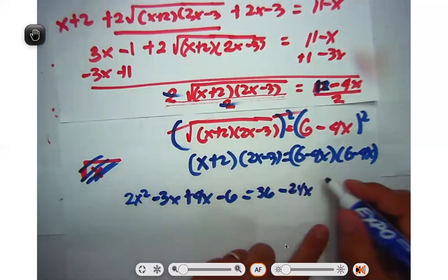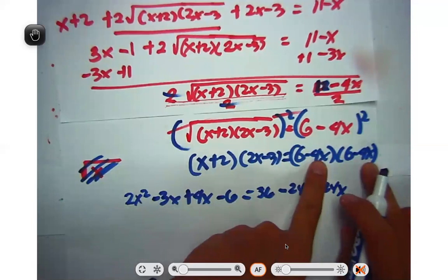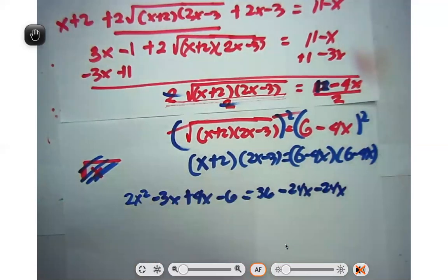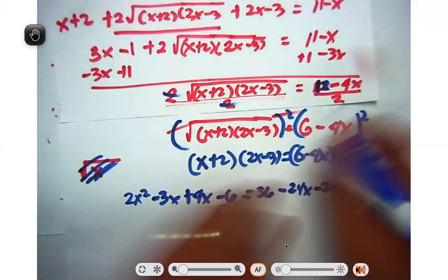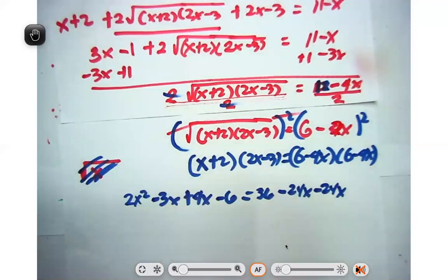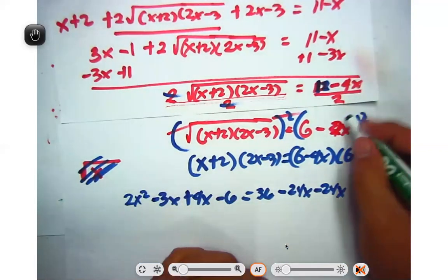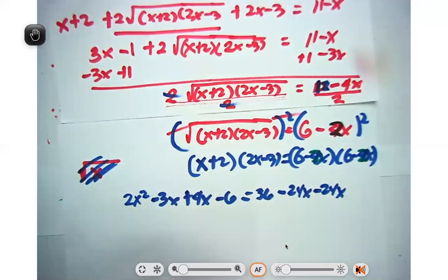Negative 4x times 6, negative 24x, and then negative 4x times negative 4x. Why do I always commit mistakes here? It should be 2x. All right. That's a mess, right?